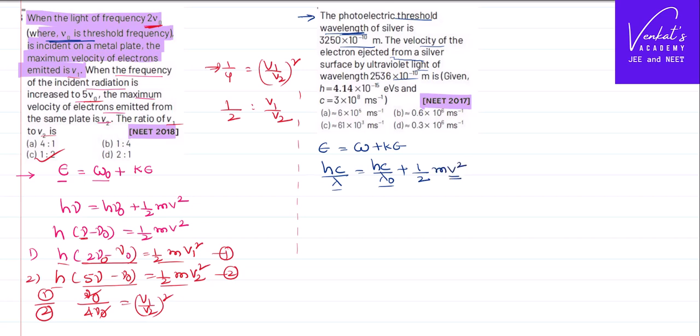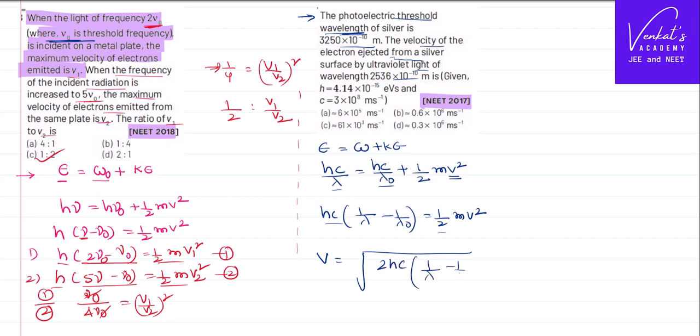You want to calculate v, so hc of 1 by lambda minus 1 by lambda naught equals half mv square. Here we have to substitute all these values so that I can get the velocity v. So I can write the velocity v equation as, these two will go to the numerator, 2hc of 1 by lambda minus 1 by lambda naught under square root, divided by the mass of electron, when you rearrange the terms.